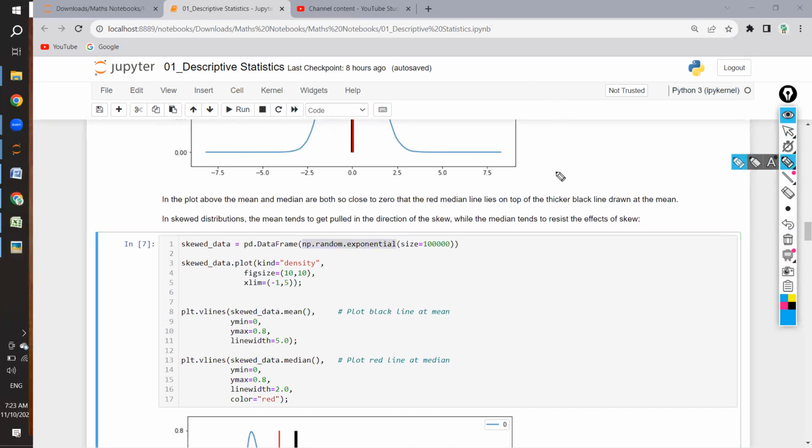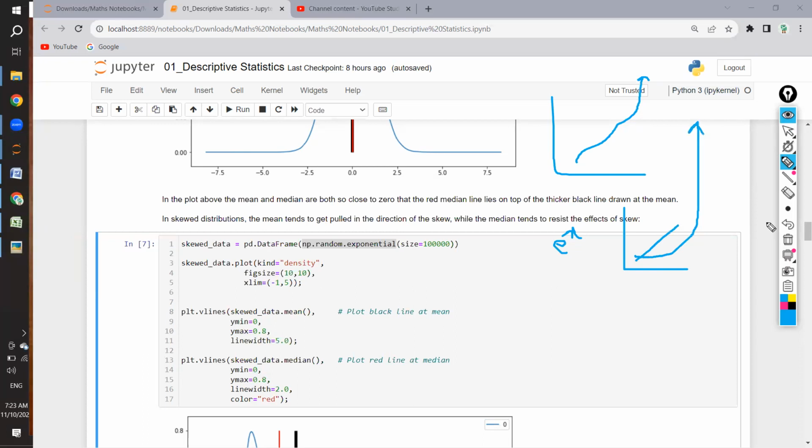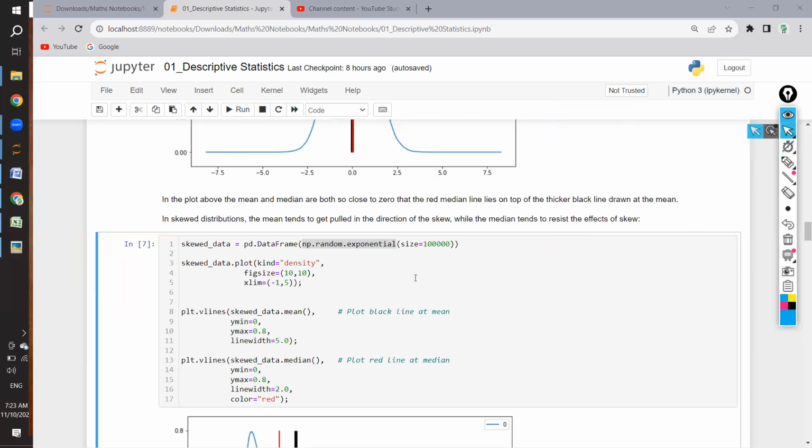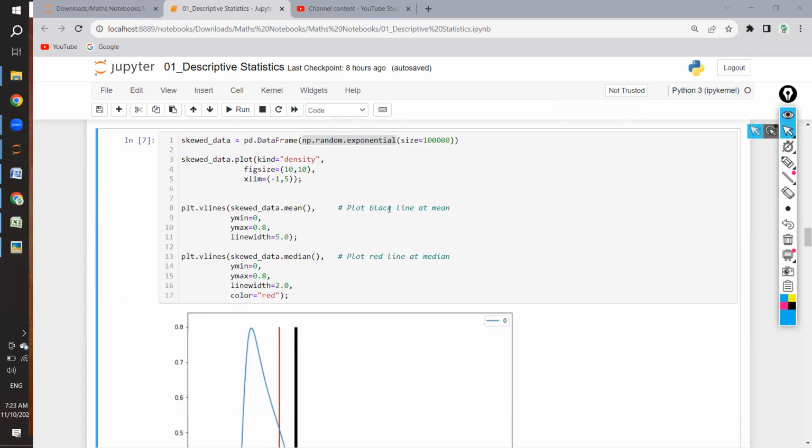An exponential rise, e to the power of x, I think. If it is a normal rise, then it will be something like this. But if it is an exponential rise, it will suddenly increase.